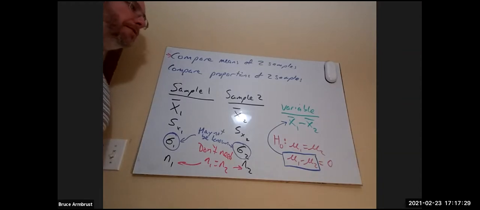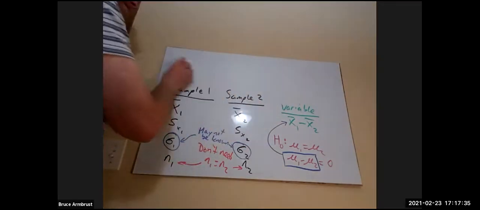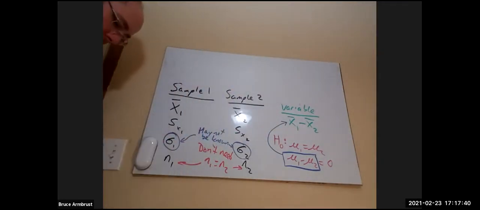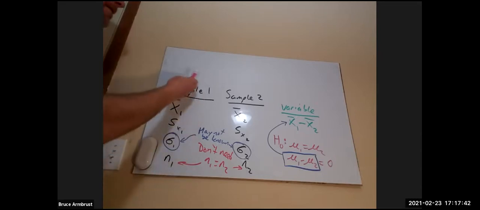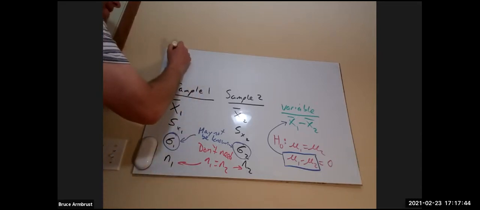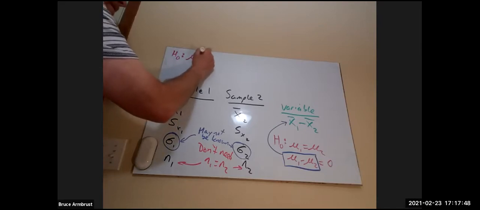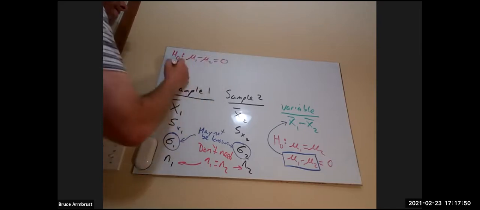So that's what we're doing when we compare means from two samples. We're actually going to be looking at the difference in their means. So here are what the two hypotheses are going to be then. Your null hypothesis is going to be that mu1 minus mu2 equals 0.